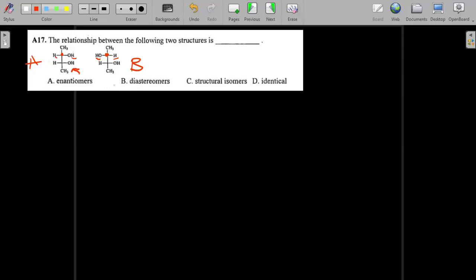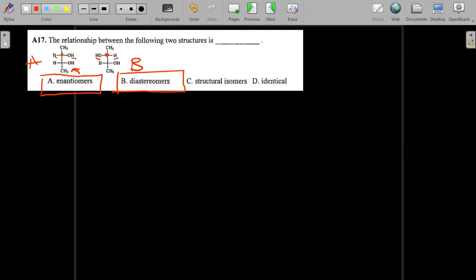If you have structures that differ at one chiral center or even more chiral centers, we call those structures diastereomers. Enantiomers are structures that are not superimposable on each other. For example, if you take your left hand and try to put your right hand on top, they won't align; the fingers on top won't hide the fingers below.